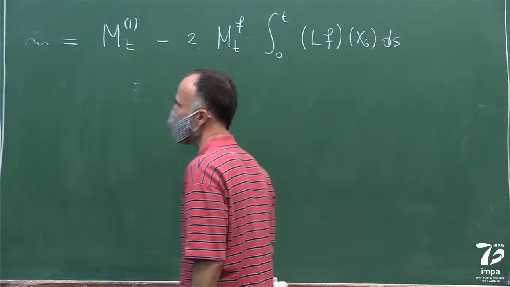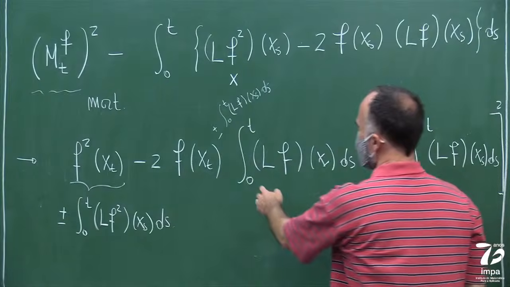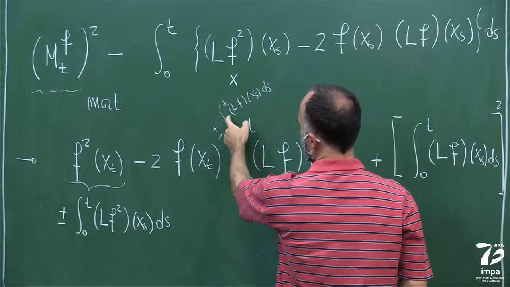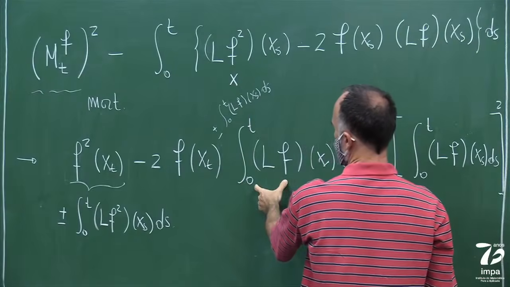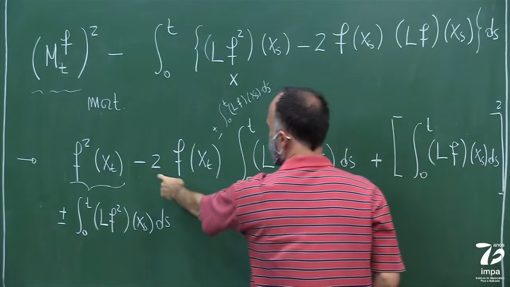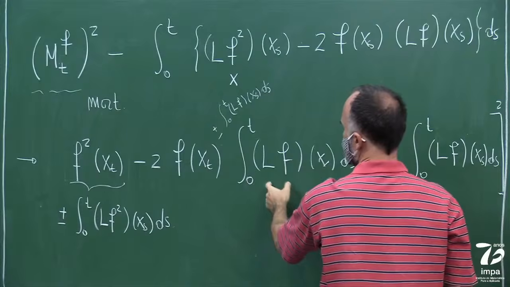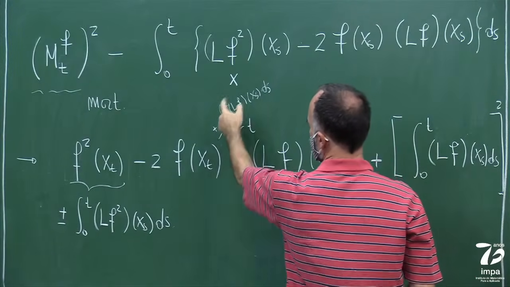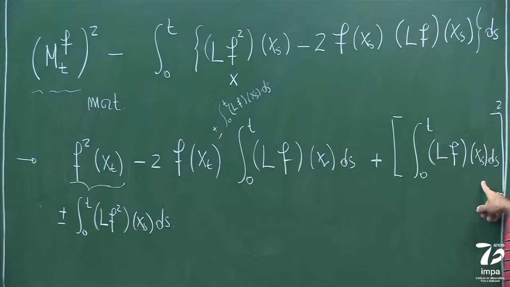Okay, so this is one term. And then I have the plus. So I have the plus with this one, but I have a minus 2 here. So these terms are equal, minus 2 of the square, but I have a plus the square, so I get a minus.